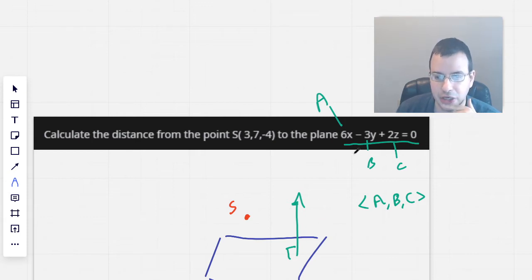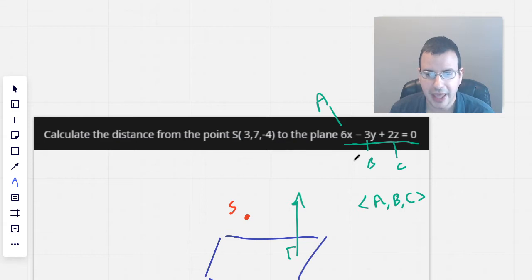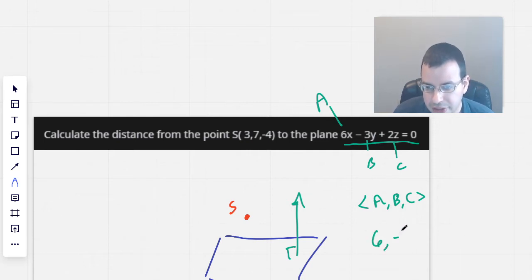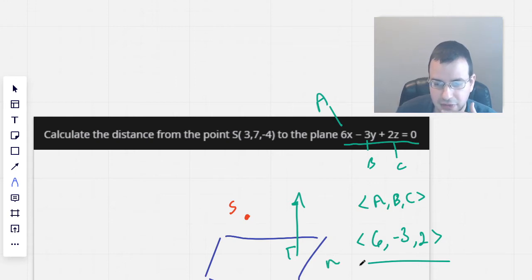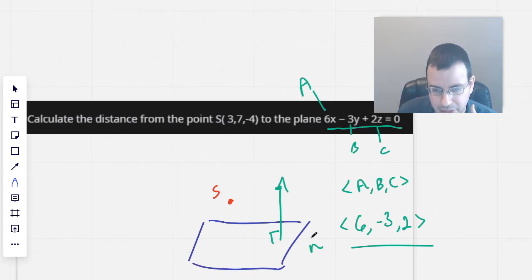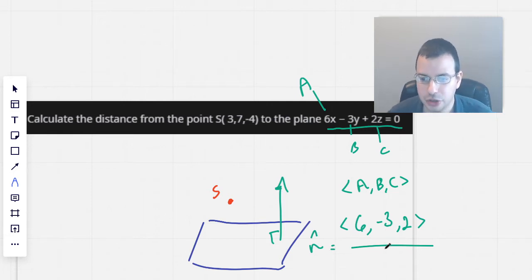We want a normal with a length of 1, so that it is giving us direction without a magnitude. So our normal vector is (6, -3, 2). To normalize it, to make it of magnitude 1, we put a little hat on it. Little hat for magnitude 1.